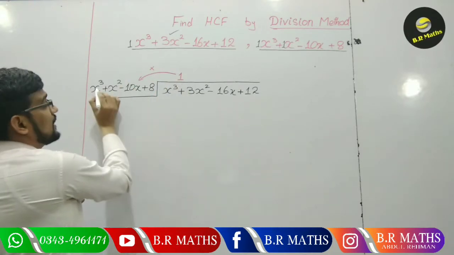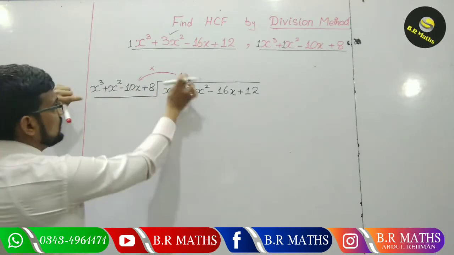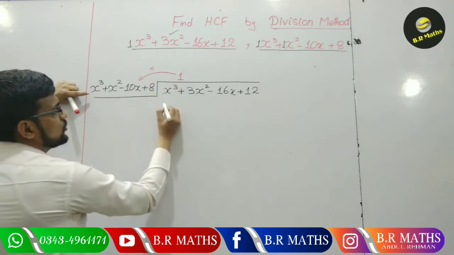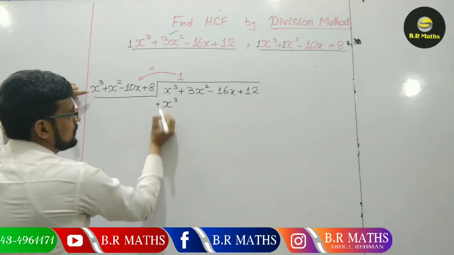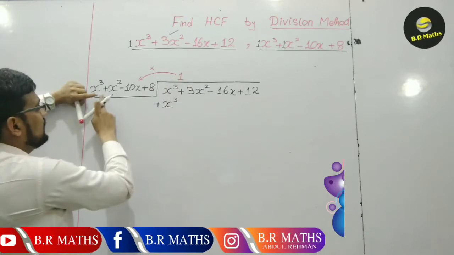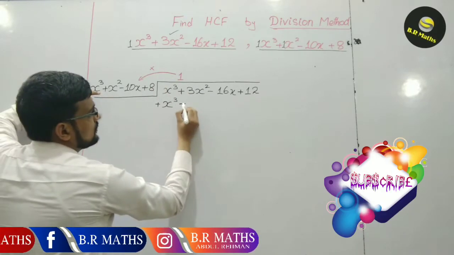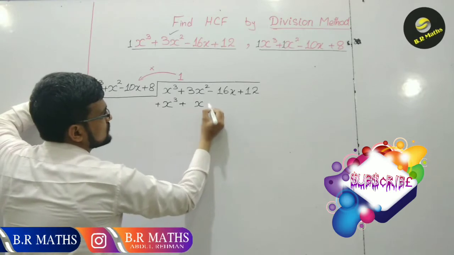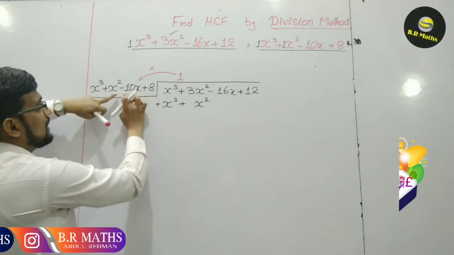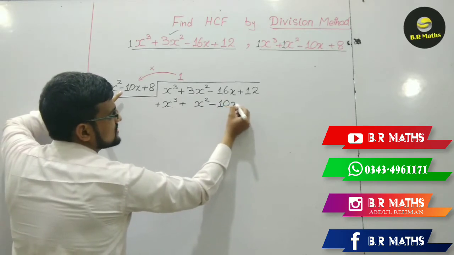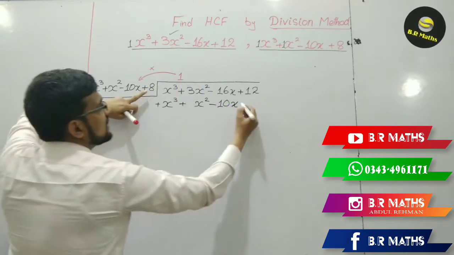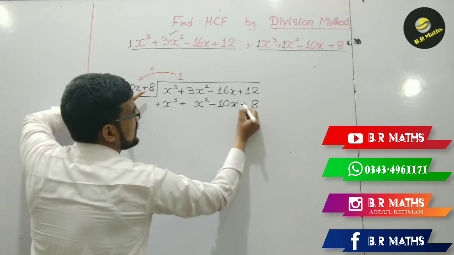When 1 multiplies this polynomial, it becomes x cube plus x square minus 10x, and 1 multiplied by 8 becomes plus 8.